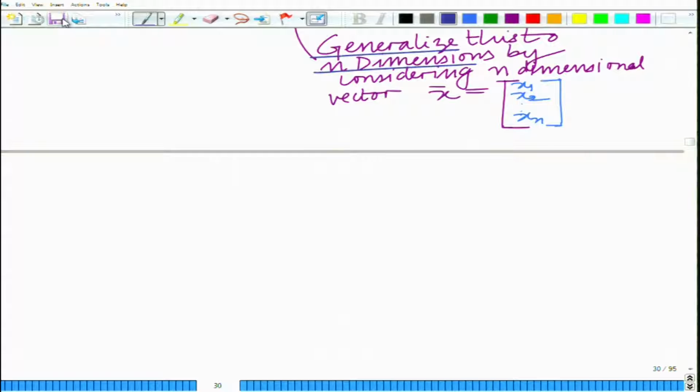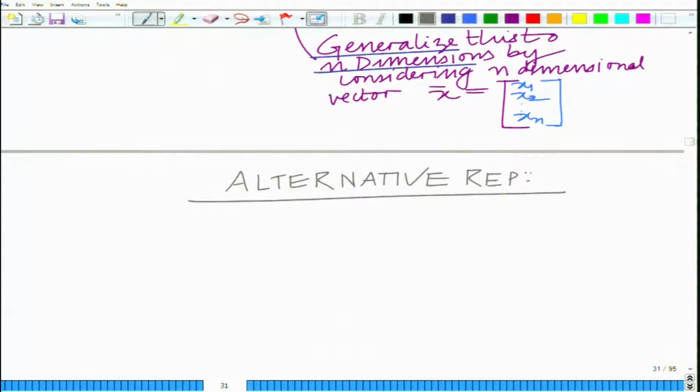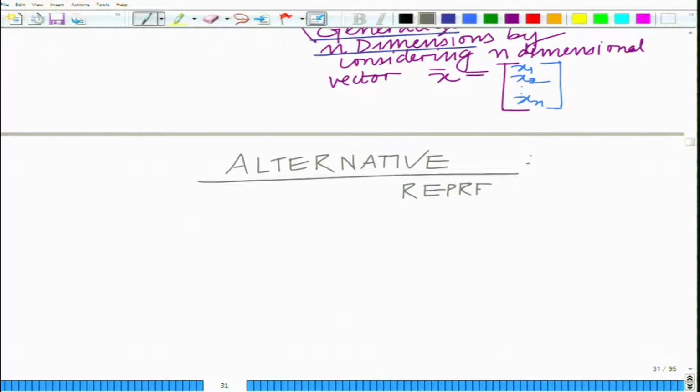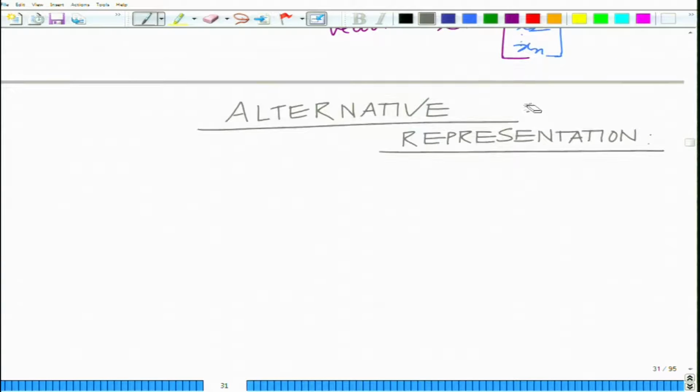And now, the alternative representation of an ellipse or an ellipsoid, similar to that of a norm ball, can be derived as follows.